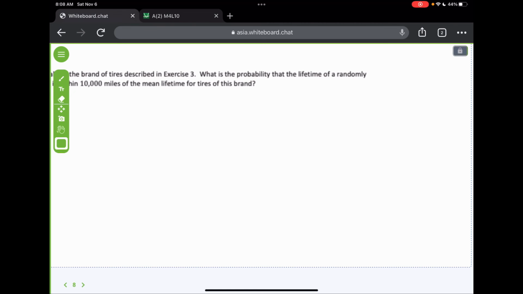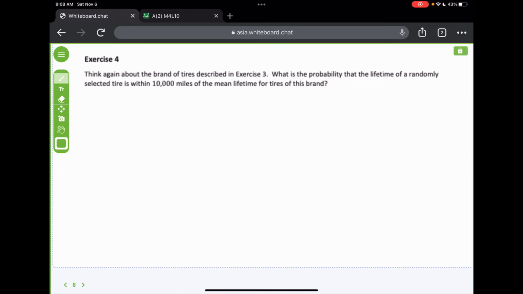Now, this says, exercise 4, think again about the brand of tires described in exercise 3. What is the probability that the lifetime of a randomly selected tire is within 10,000 miles of the mean lifetime for tires of this brand? Okay, so to figure that out, we would calculate it to the left and to the right.